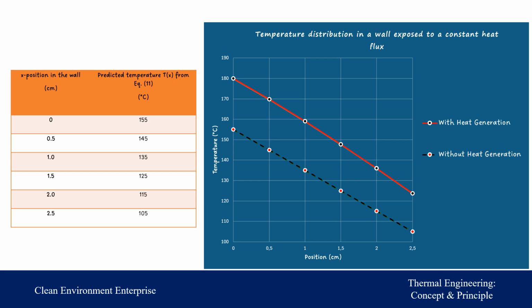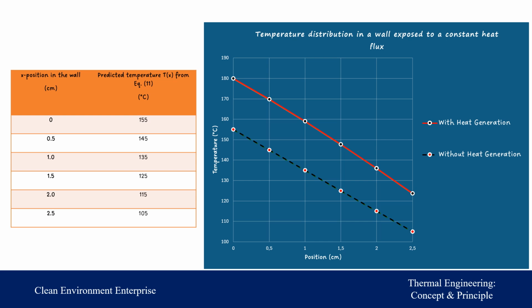At the wall that is facing the convective part exposed to ambient, the temperature was 123 something, and in the case where there is no heat generation it will be 105 Celsius.